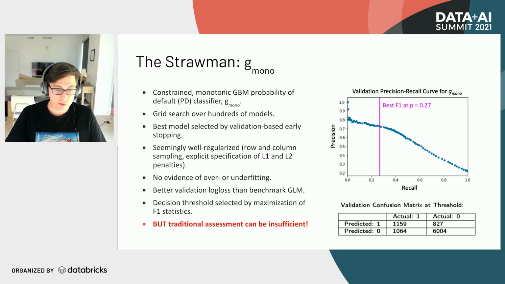No evidence of over or under fitting. The test accuracy was right below the validation accuracy, which was right below the train accuracy. Looked great. We actually compared it to a linear model. It was more accurate than a linear model. You should always check. That's not always the case. And we at least put some thought into selecting the decision threshold. We maximized F1 to select the decision threshold.